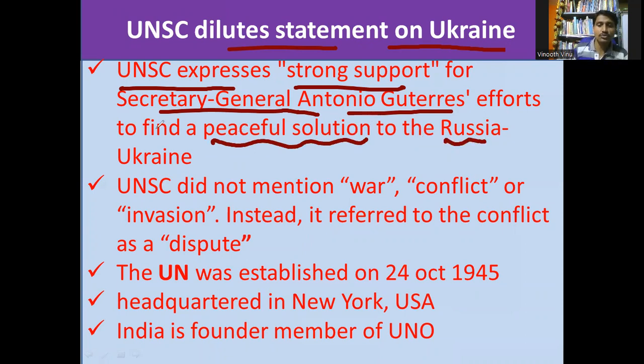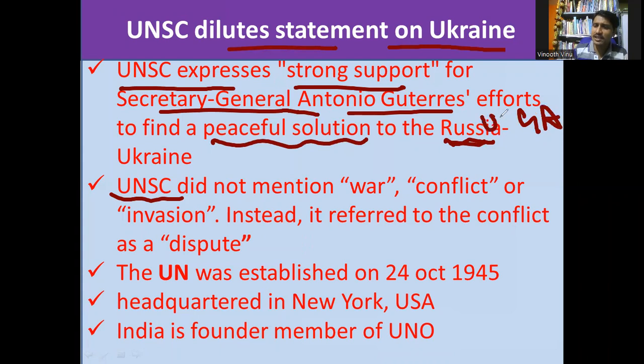So far they had not given any statement regarding the Russia-Ukraine crisis because Russia, which is involved in the war, is also a permanent member of the Security Council. Therefore, they had not responded so far.